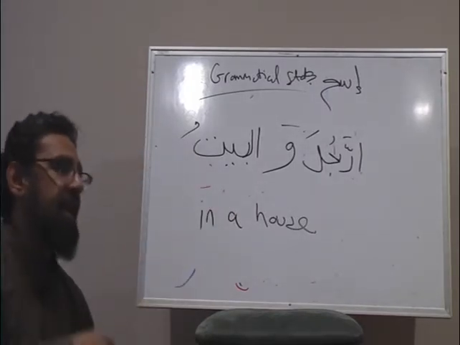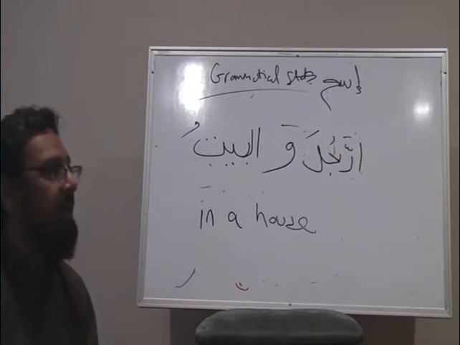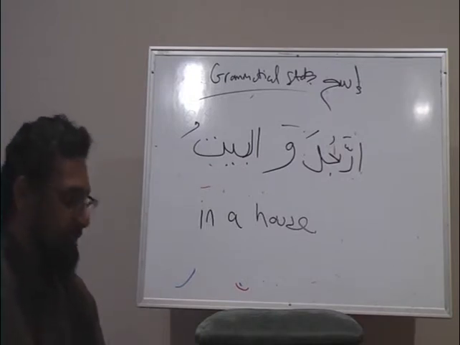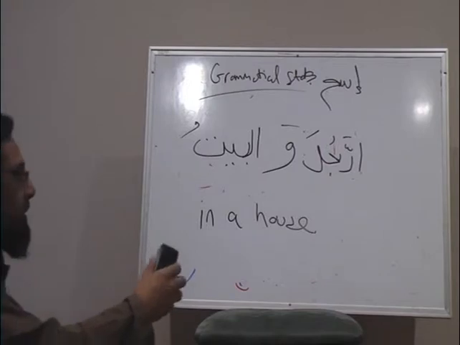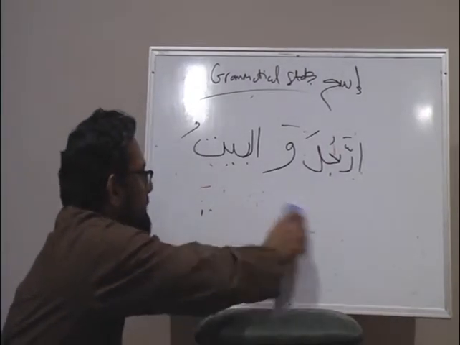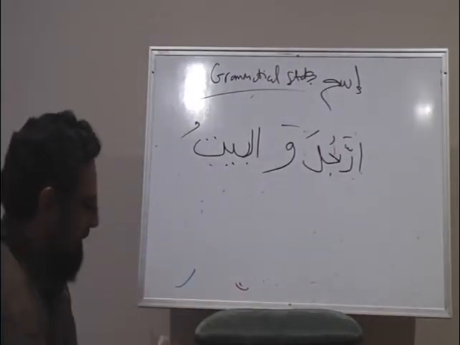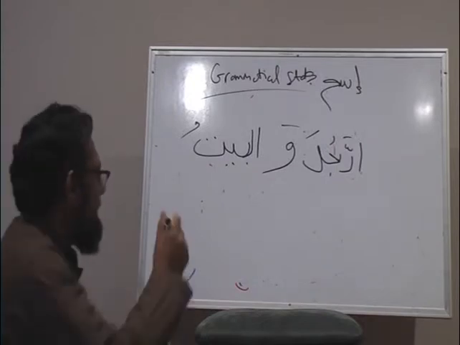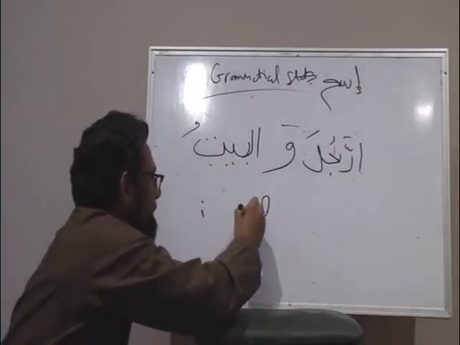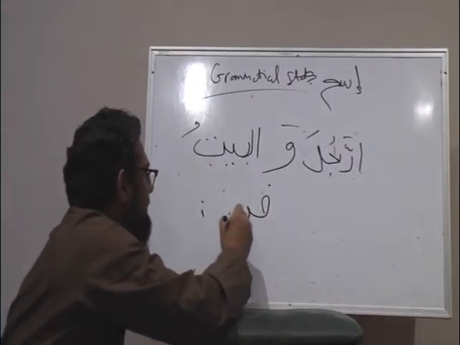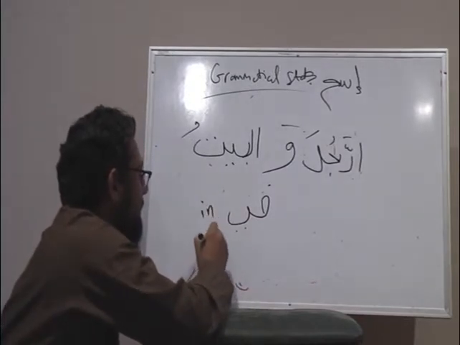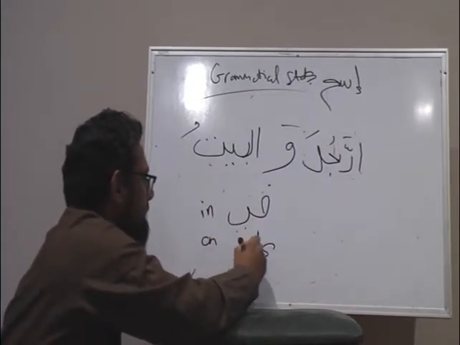But you know that anything that is a preposition, like in, at, is governing. So let me give you some examples of prepositions and their Arabic equivalents. You have in, which we've done, which is fi. Then you've got on, which is ala.